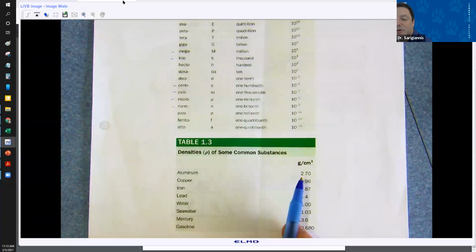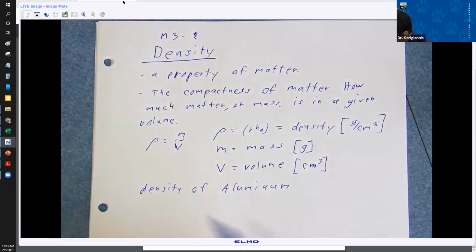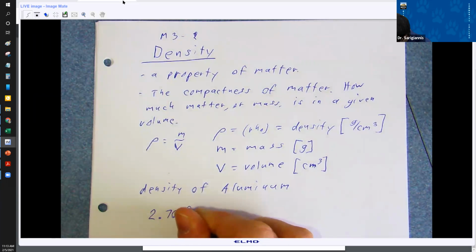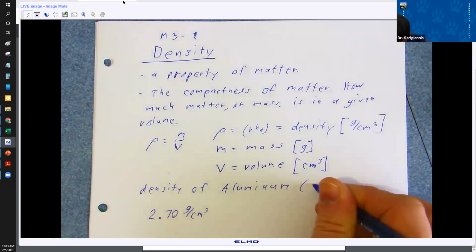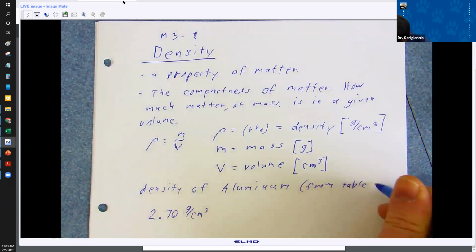The density of aluminum is 2.70 grams per cubic centimeter. These are common substances, right? All right, so let's write this down: 2.7 grams per cubic centimeter, and this is from table 1.3.